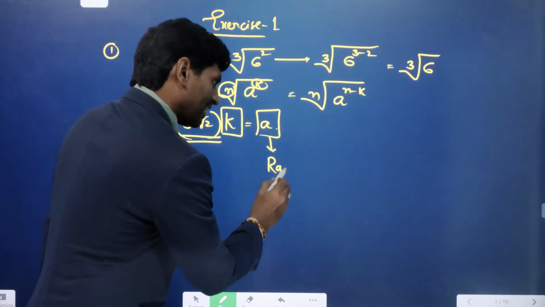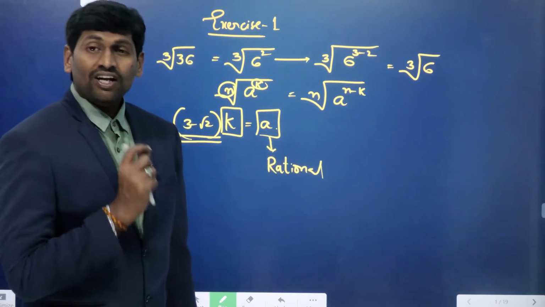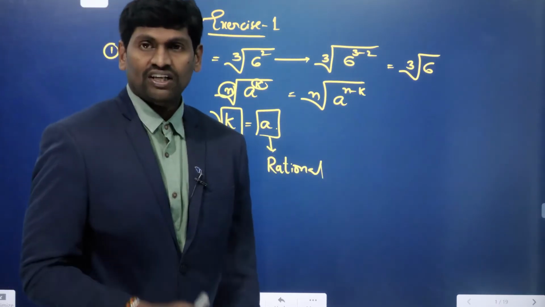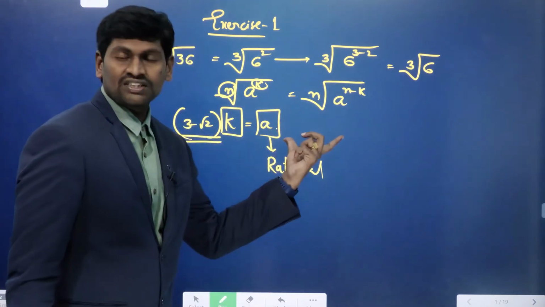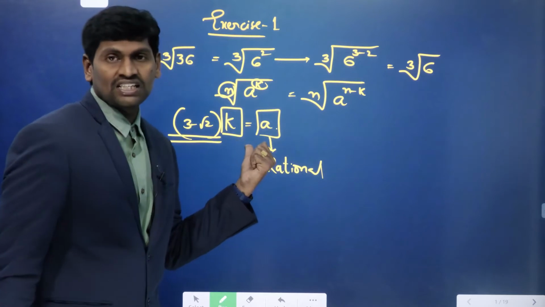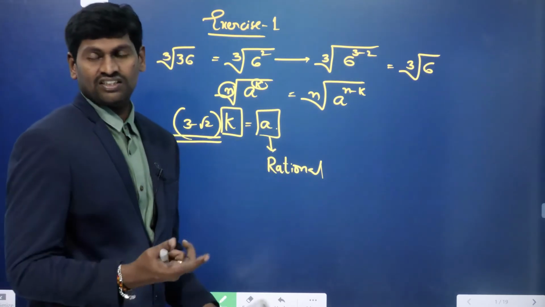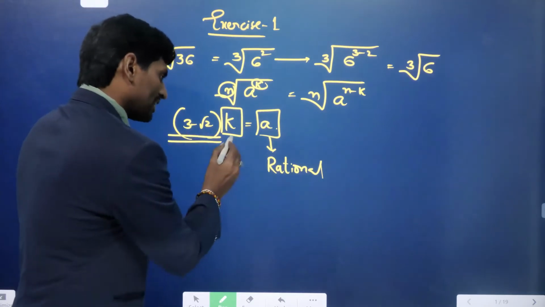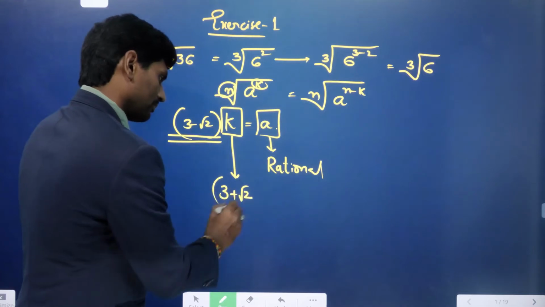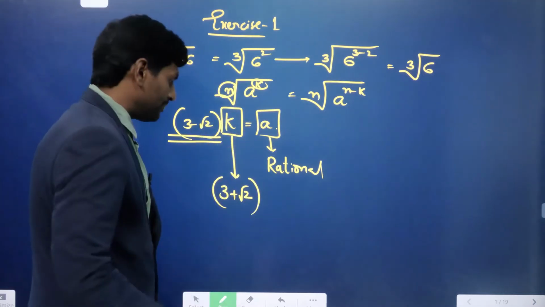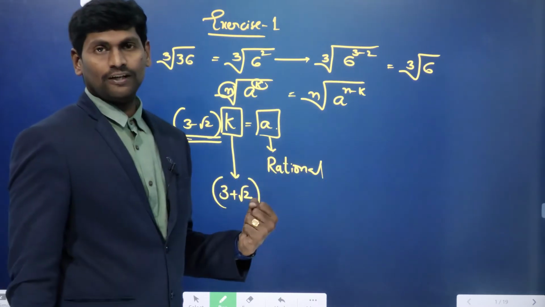According to the definition of rationalizing factor, if the product of two irrational numbers is rational, then each is the rationalizing factor of the other. According to our previous class discussions, the rationalizing factor of 3 minus root 2 is 3 plus root 2. So the k value will be 3 plus root 2, then only their product becomes a rational number.